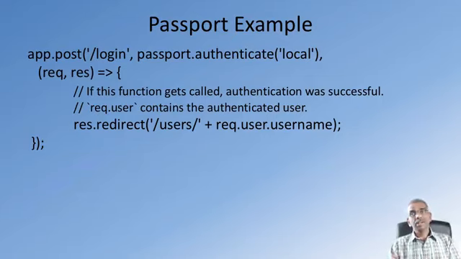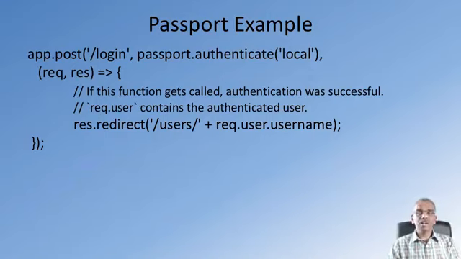If the authentication is successful, then the middleware moves on to the next step where we can further process the incoming request. So upon completion of the successful authentication of the user by Passport, Passport itself adds a user property to the request message.